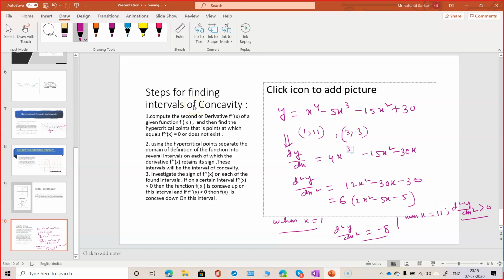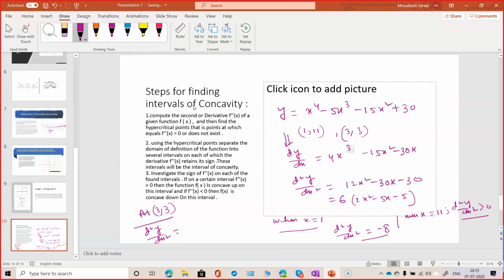At (3, 3) what will happen? At x equal to 3, if you find d square y by dx square, 18 minus 15 minus 5, that is minus 2, negative. d square y by dx square is less than 0. And why 3?